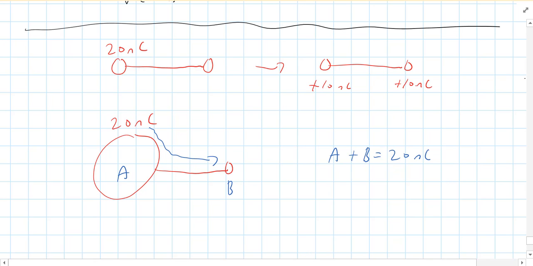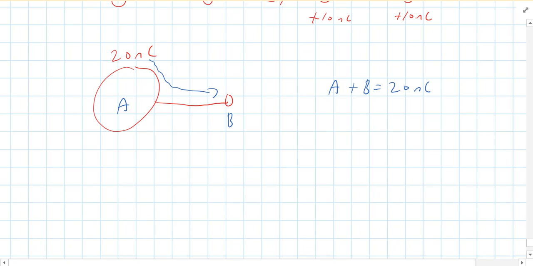So what else is going to have to be the same for the two spheres? Well, it turns out that the voltage of the two spheres will have to be the same when electrostatic equilibrium is achieved. So what will happen is the charge will move until the voltage of A is equal to the voltage of B. Now remember, voltage for a conducting charge when you're at the surface of it or anywhere in it is k.